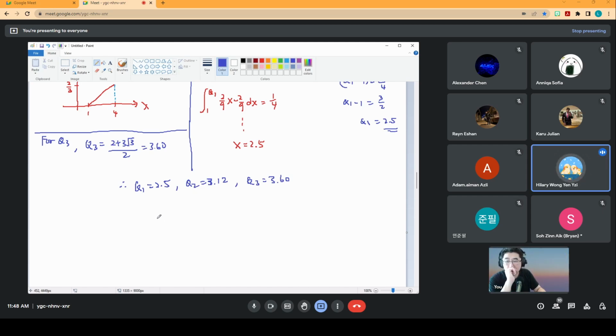Find Q3 minus Q2 and Q2 minus Q1. Okay, what is the number that I get? 3.6 minus 3.12, you have 0.48. 3.12 minus 2.5, I have 0.62. Then how do we make our conclusion?